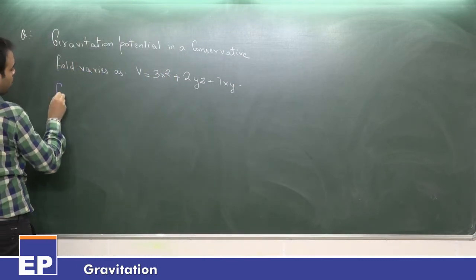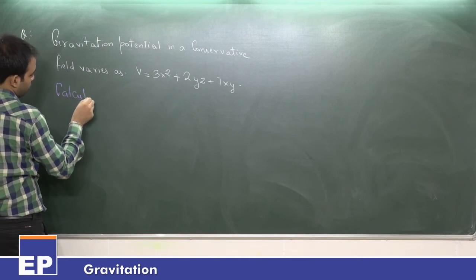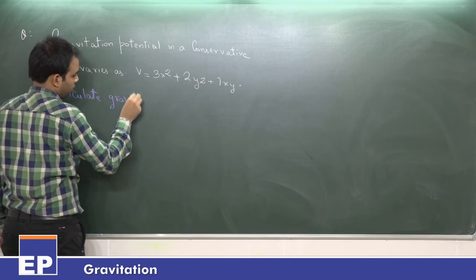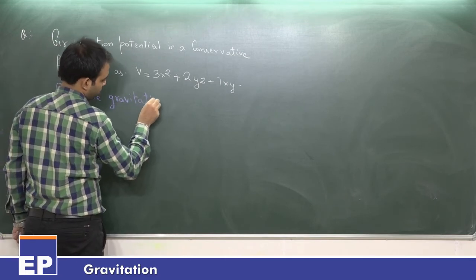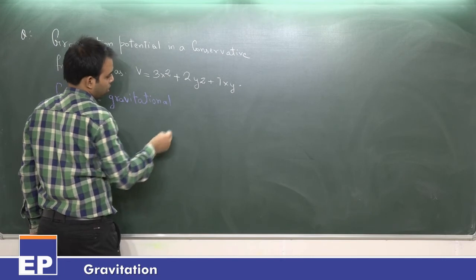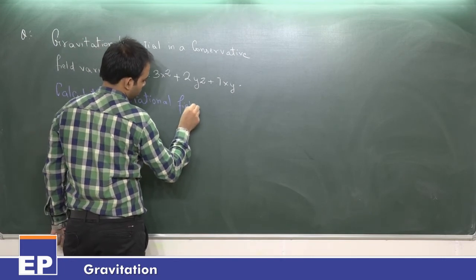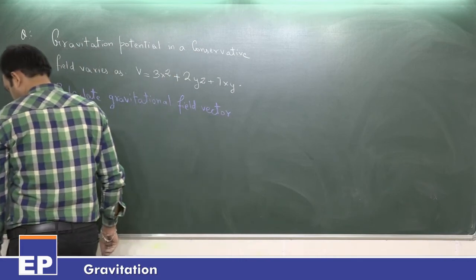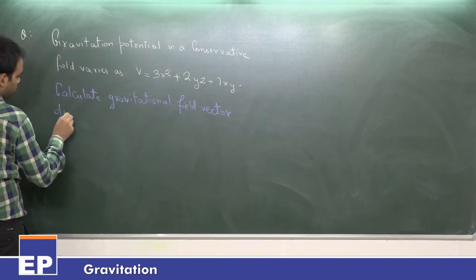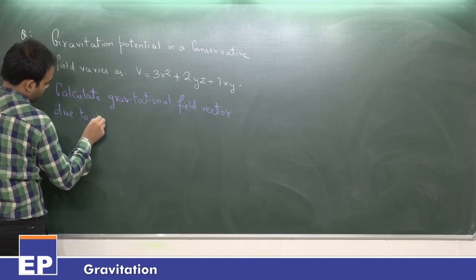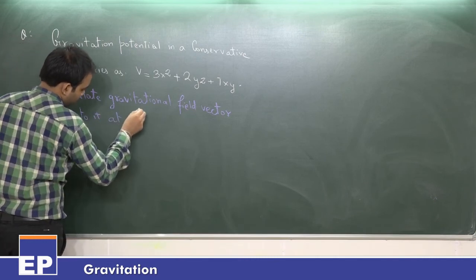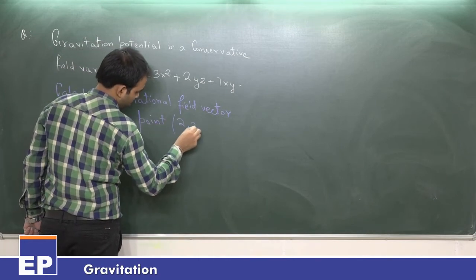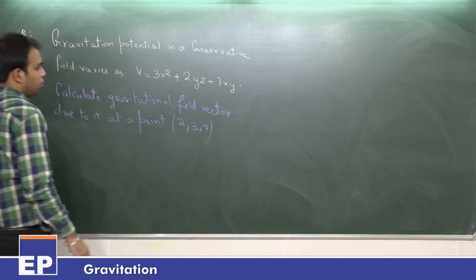Calculate gravitational field vector due to it at a point 2,3,0.